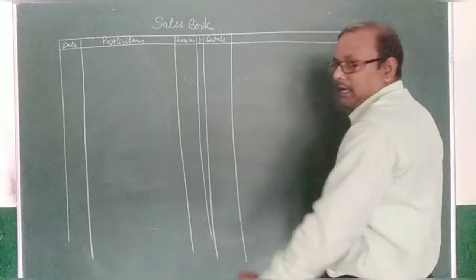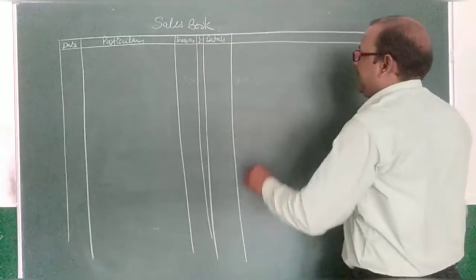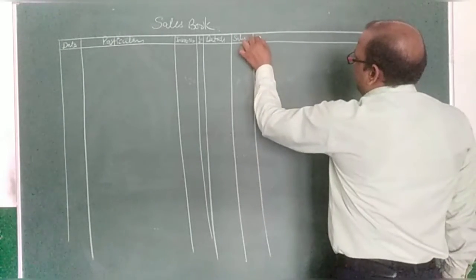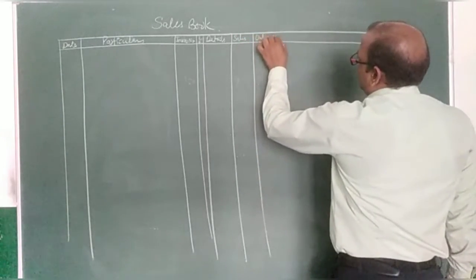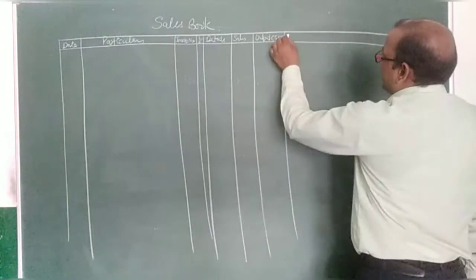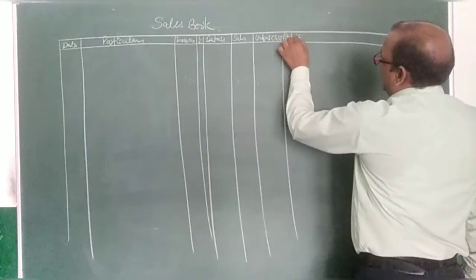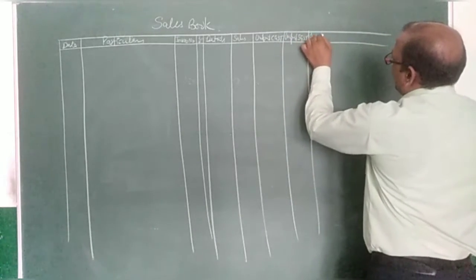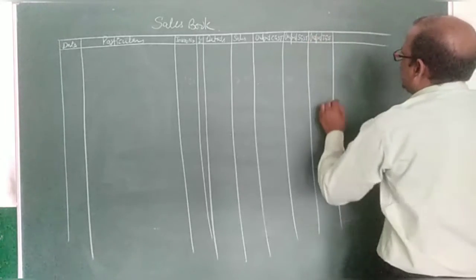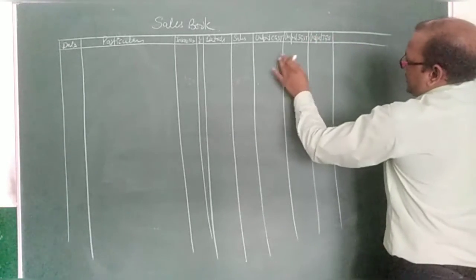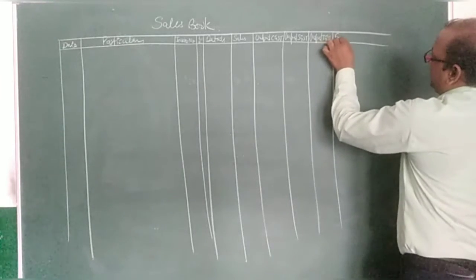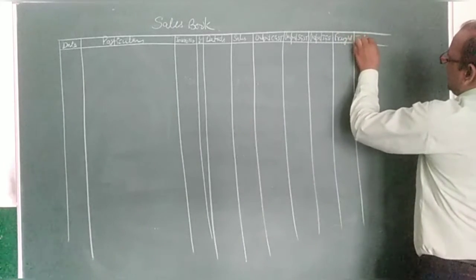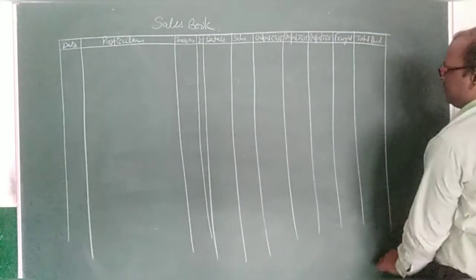And as you know, after this we need the details like amount of sales, output CGST, output SGST, output IGST, maybe freight if it is given, and after that total amount.